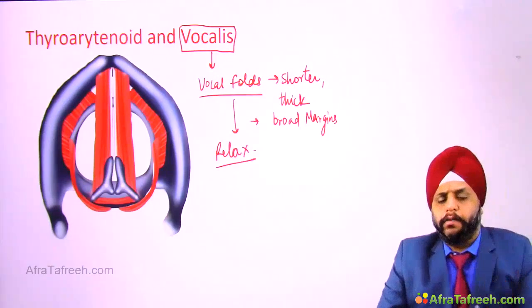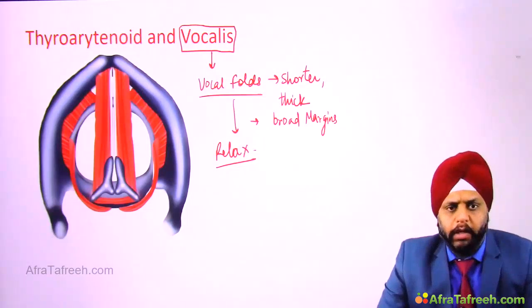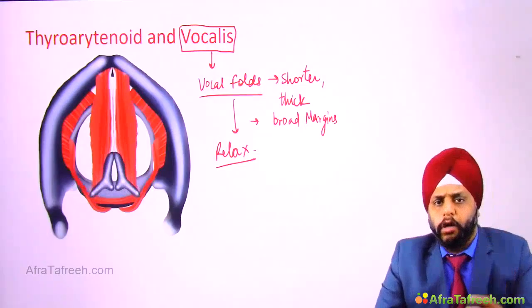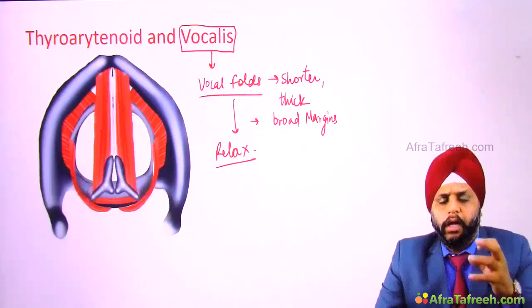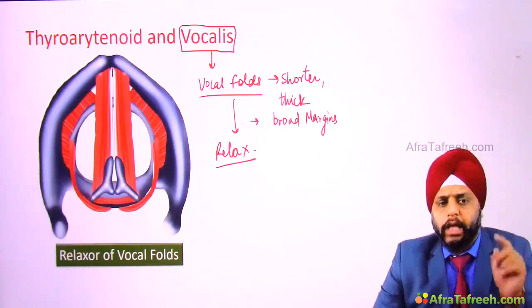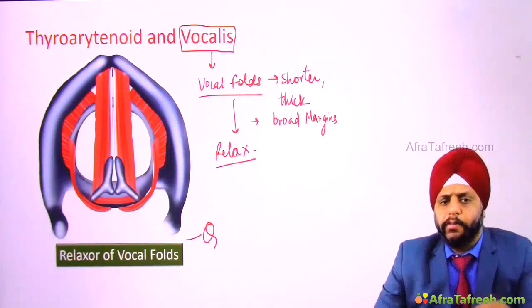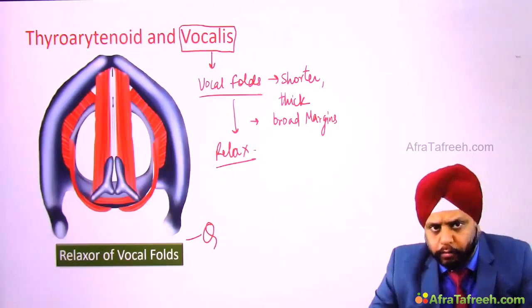The vocalis muscle relaxes the vocal folds. So they not only become thick and short, the margins become broad and they relax. So remember, vocalis is the relaxer of vocal folds. This question is asked: the vocalis muscle is the relaxer of vocal folds.